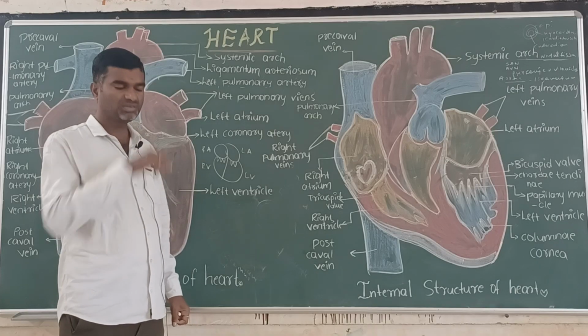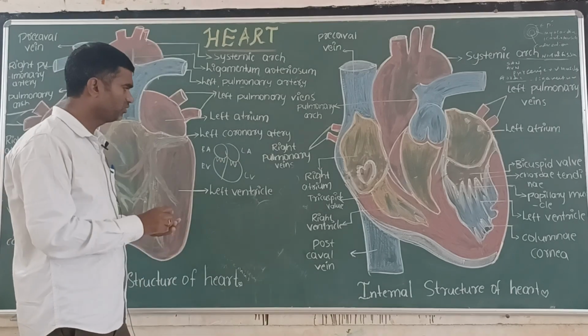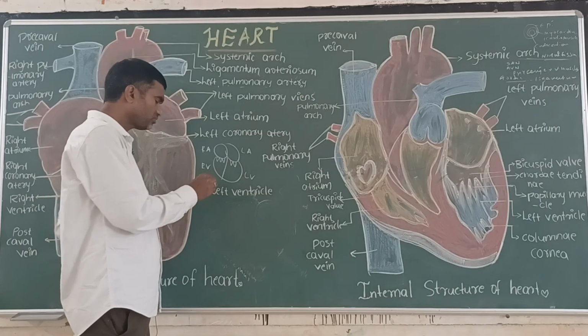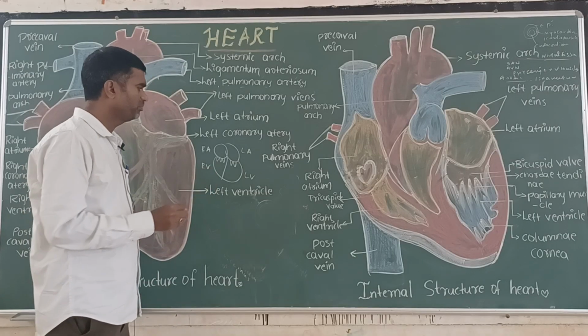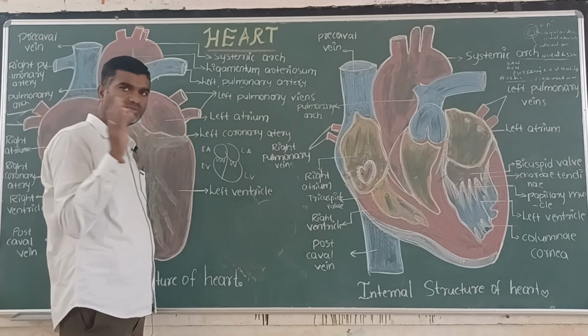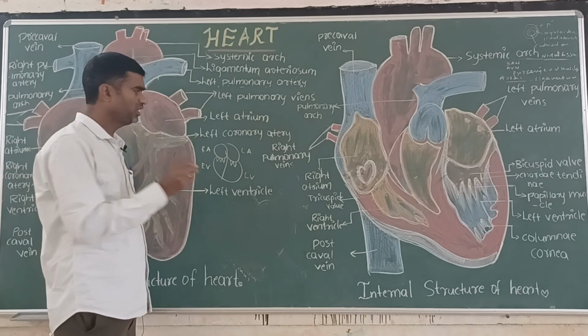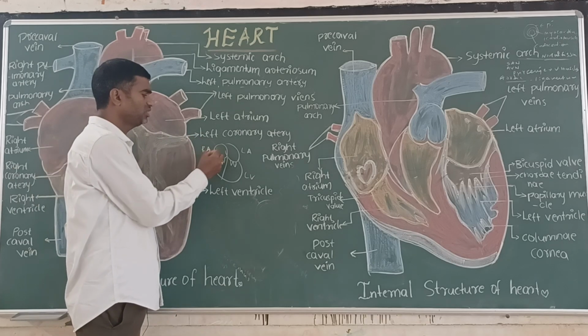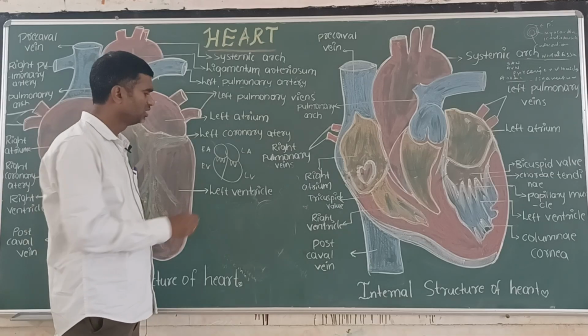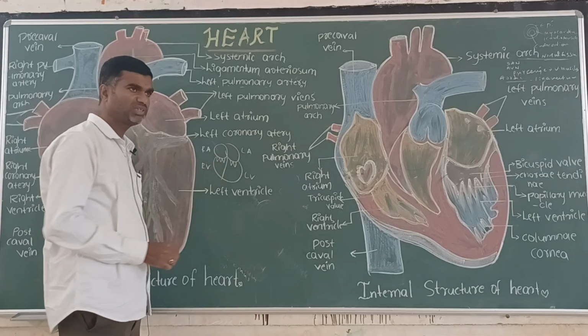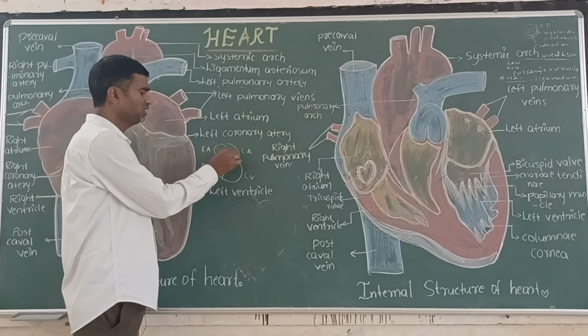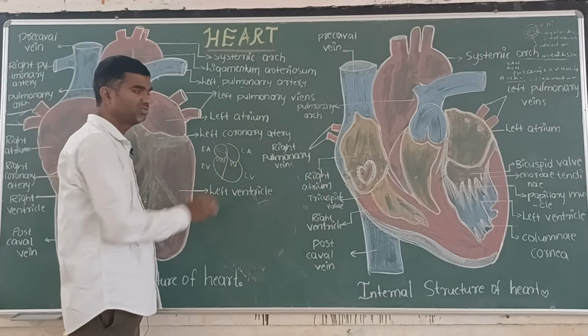So this is the four chambered heart. The 2 precaval veins and 1 postcaval vein bring blood into the right atrium. From the right atrium, the blood is pumped into the right ventricle. The right atrium contains deoxygenated blood.